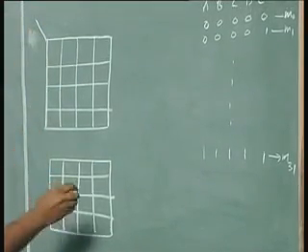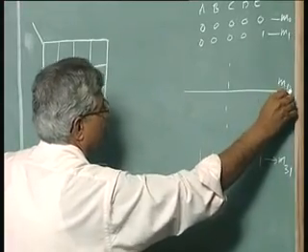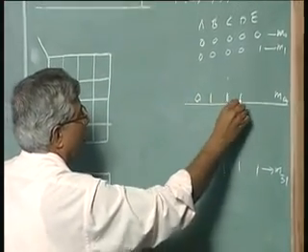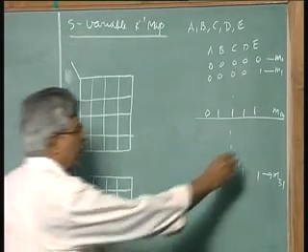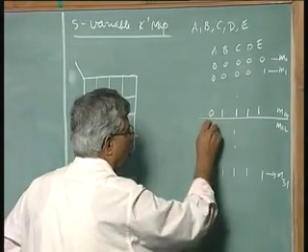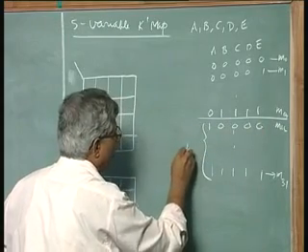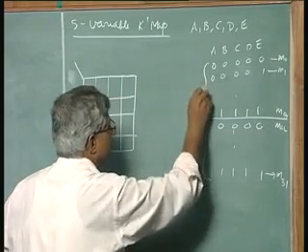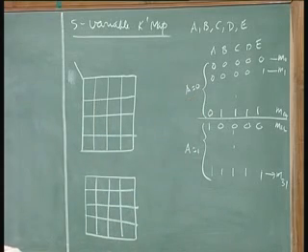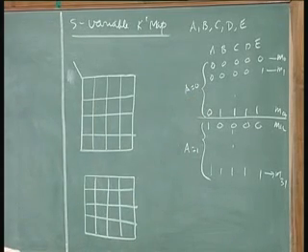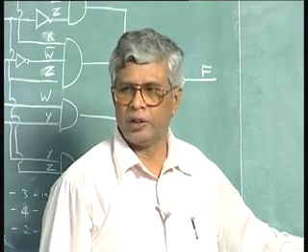Leave the A out, because in the first 16 entries of this truth table, M15 would be 0, 1, 1, 1, 1. M16 would be 1, 0, 0, 0, 0. So these entries will have A equal to 1. These entries will have A equal to 0. Isn't that so? First 16 entries of the truth table will have A equal to 0. Second 16 entries will have A equal to 1.